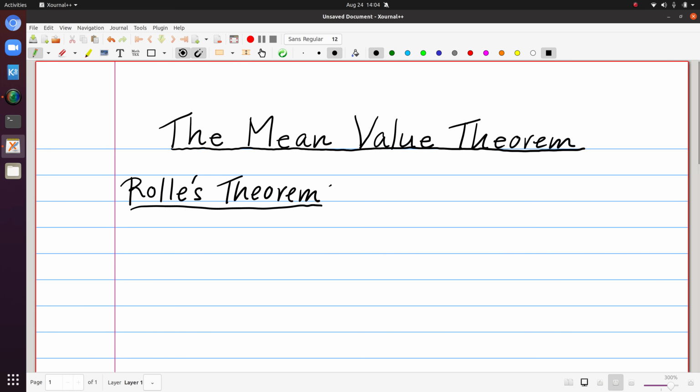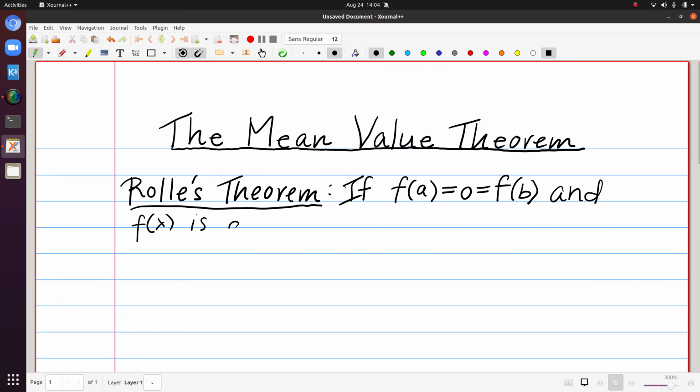what we're going to do is suppose that we have our function f that is equal to 0 at both x equals a and x equals b, and also that f of x is differentiable, at least on our interval from a to b.